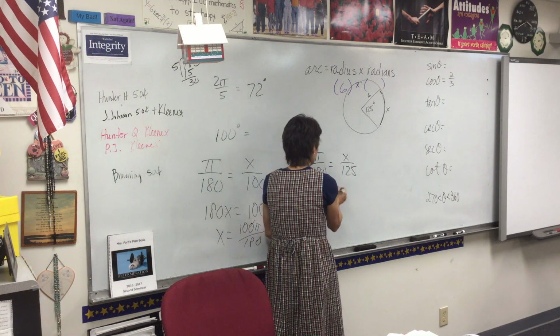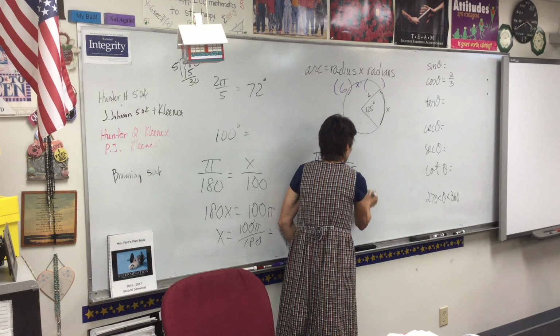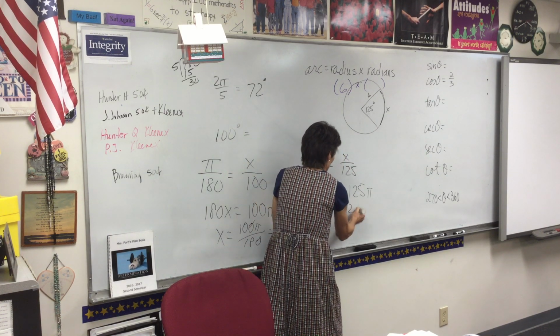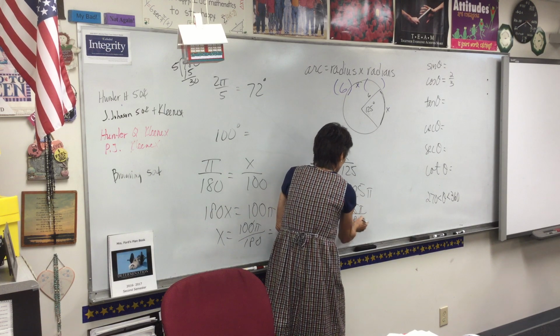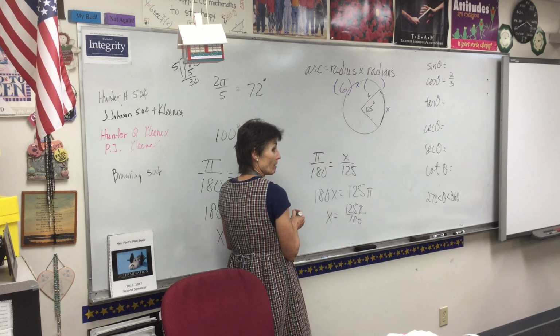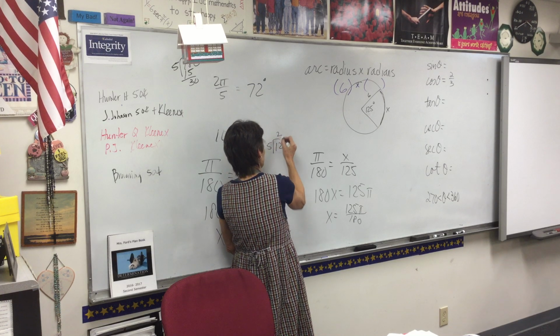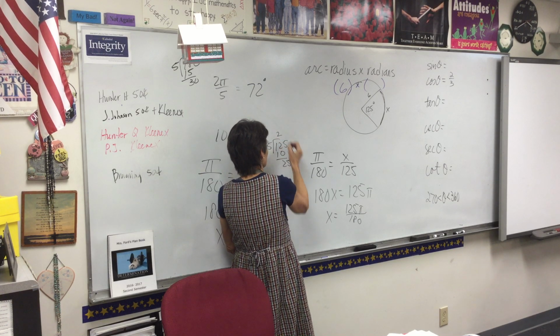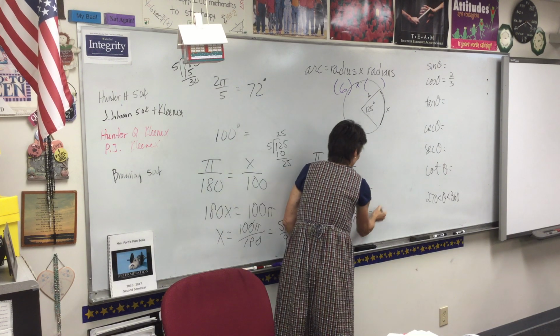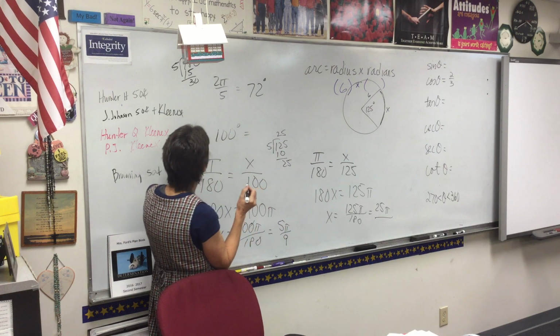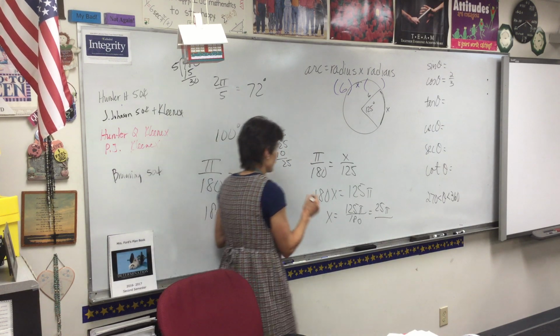So 180x equals 125 pi. And there's no zeros to cancel this time, but there are 5s. So 125 divided by 5 is 25. And I just did 180 divided by 5. It's 36.